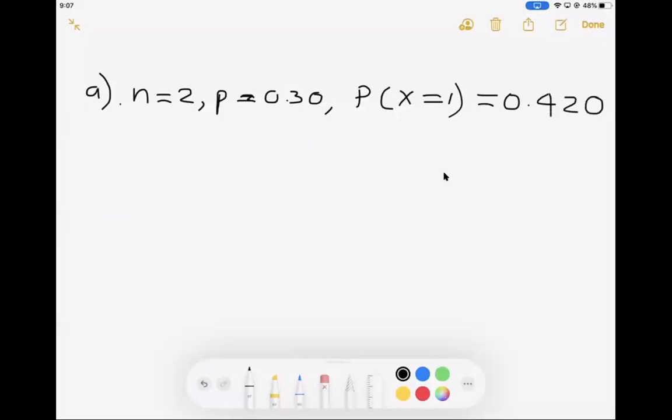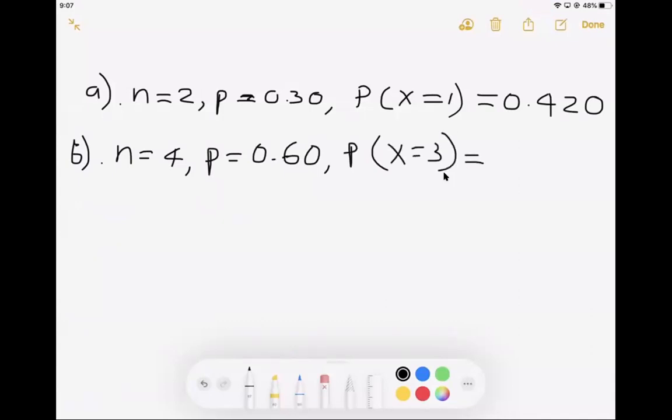Now the second one: n is equal to 4, p is equal to 0.6. Then we want to find the probability of x is equal to 3. Okay, n is 4, p is 0.6, x is 3. Now we have to use the table again.